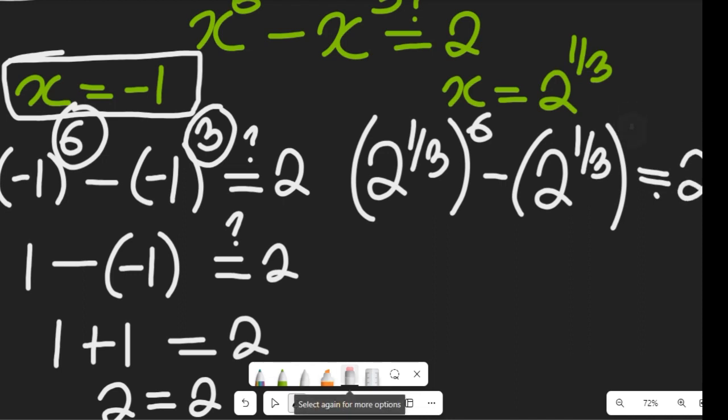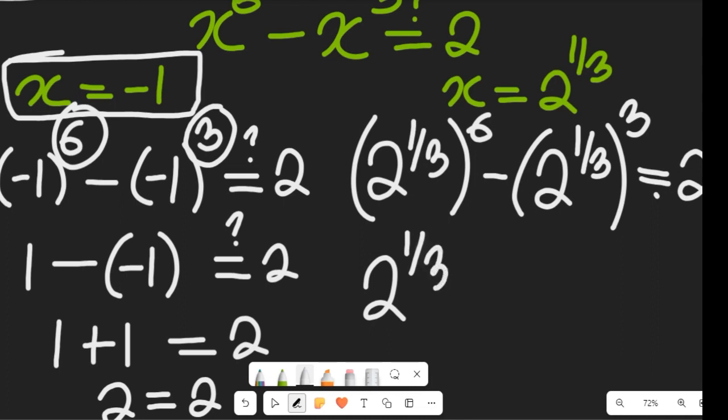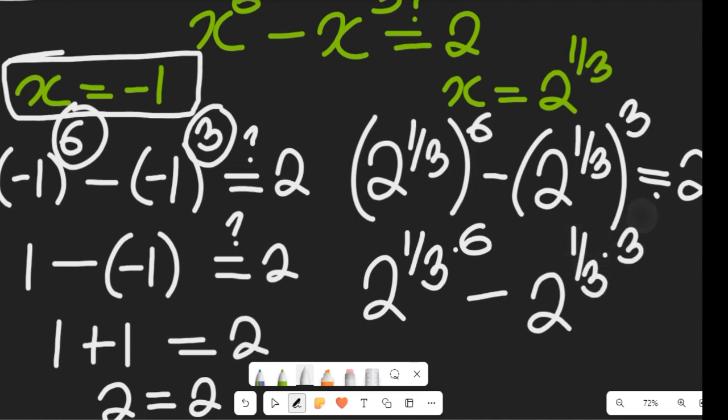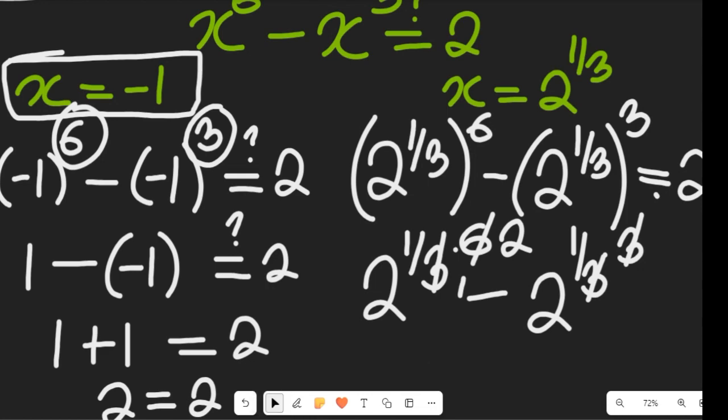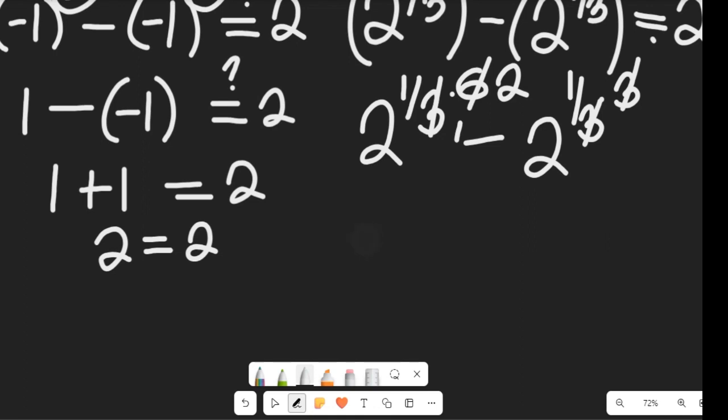If we simplify that, we are simply going to have 2 to the power of 1 divided by 3 multiplied by 6, and then minus 2 to the power of 1 divided by 3 multiplied by 3. While 3 clears 3, 3 here gives 1, 3 here will give us 2.